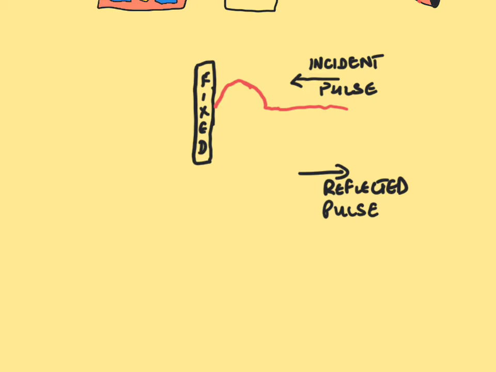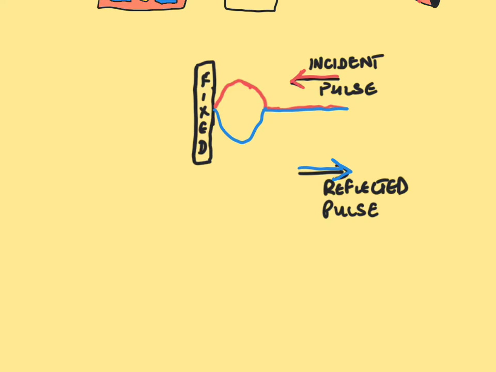When you have a wave or a pulse which is moving and hits a fixed end, in other words, it can't move, then this pulse is going to be reflected out of phase. So on the way back, the reflected pulse will be opposite, if you like, to the incident pulse.